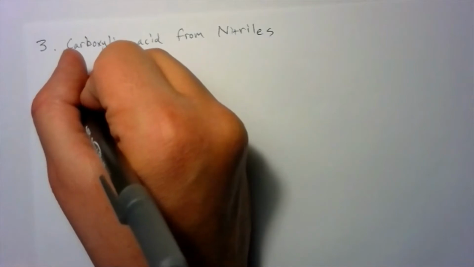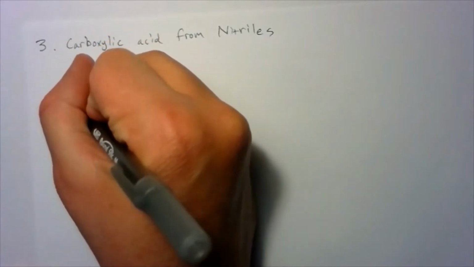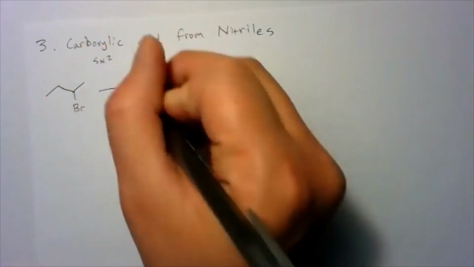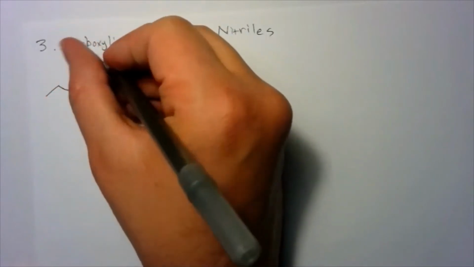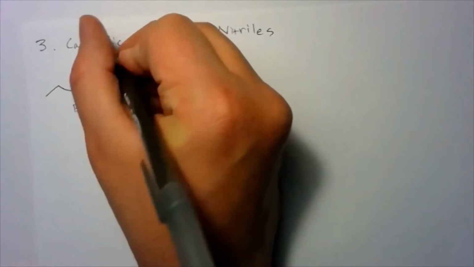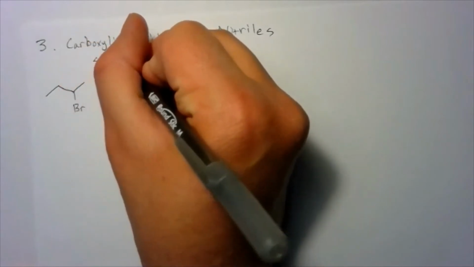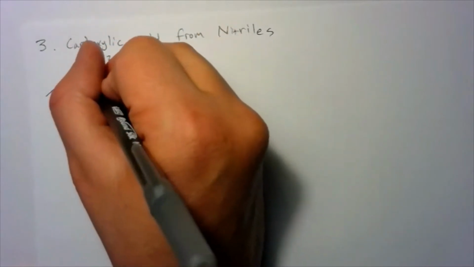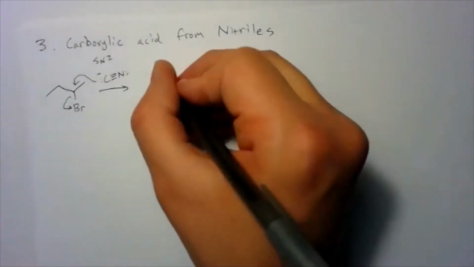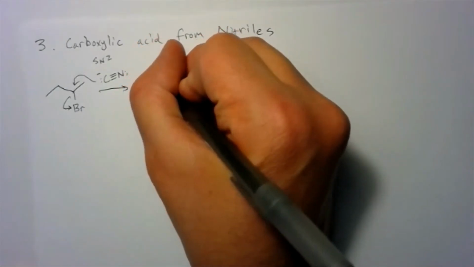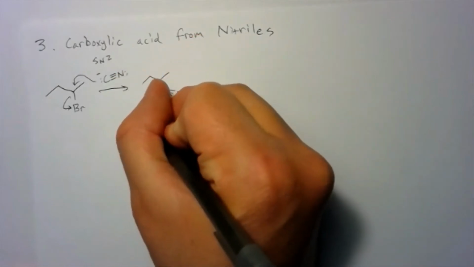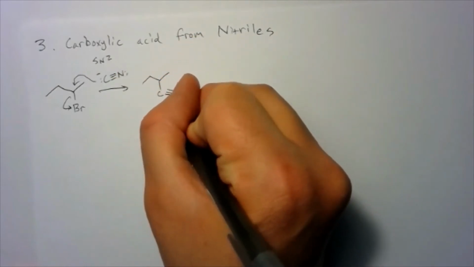If we start out with our alkyl halide, we can treat it in an SN2 reaction with cyanide. So if we bring in our cyanide ion, our cyanide ion is a good nucleophile. We can have a basic SN2 substitution reaction, and we produce what we call our nitrile here with that carbon-nitrogen triple bond.